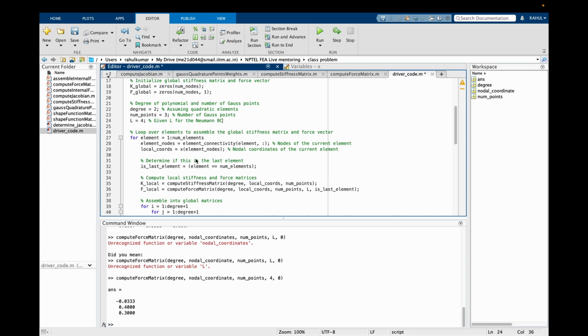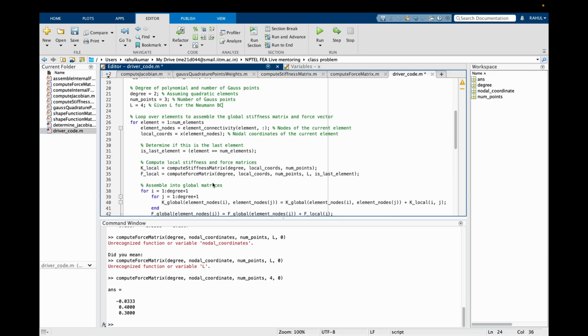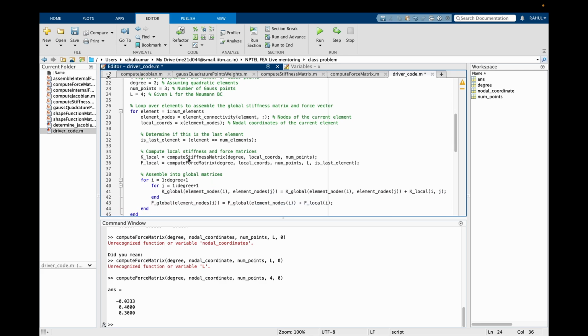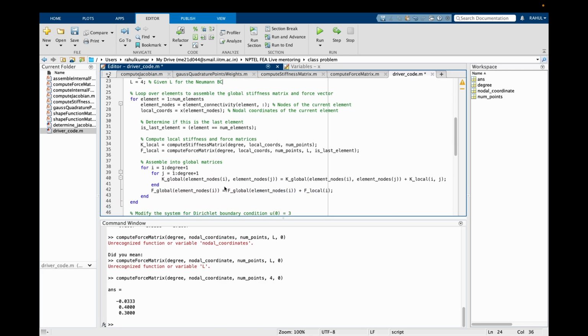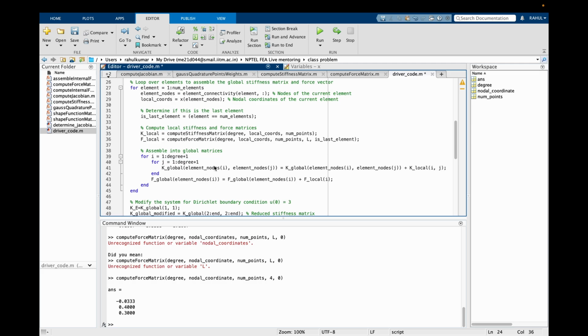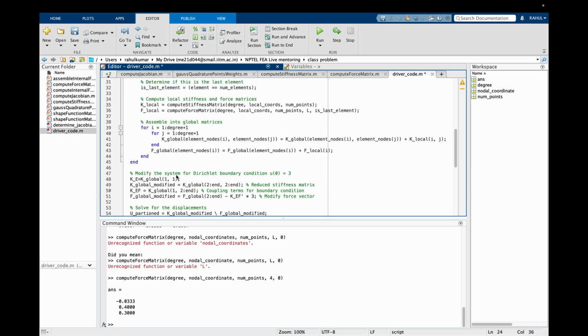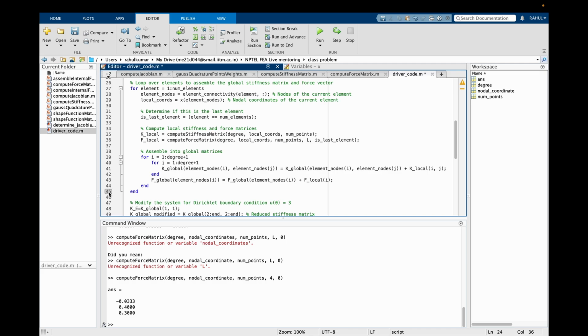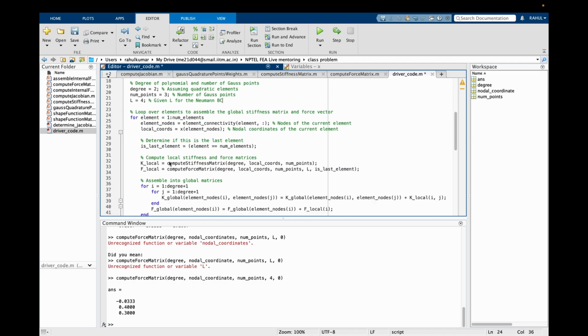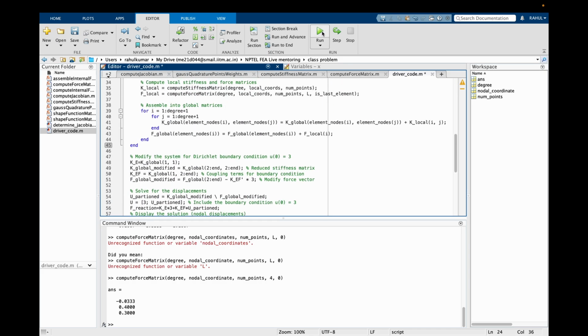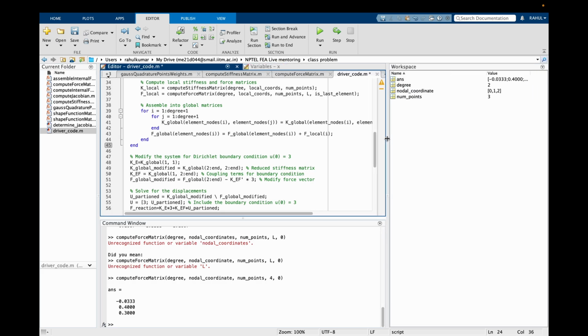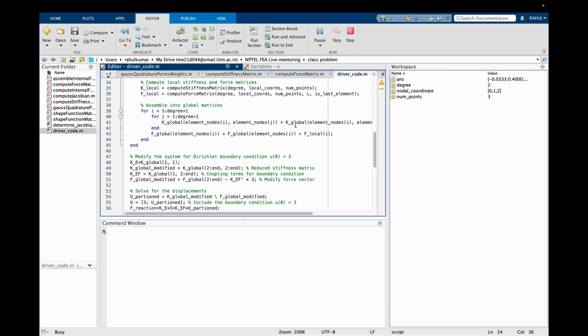When l becomes 4, it will give 1, otherwise it won't give 1. Then it will call the stiffness matrix and f local, then it will add up. I will run this code till this point, then we will see the merged matrices.